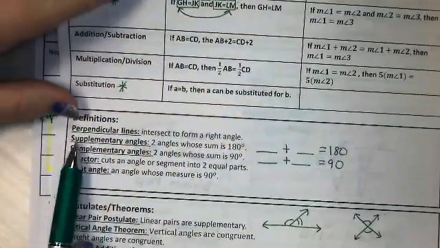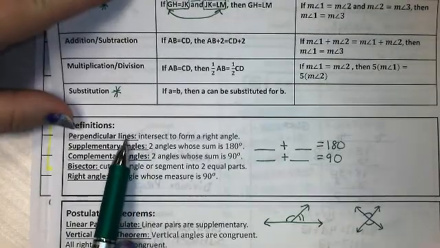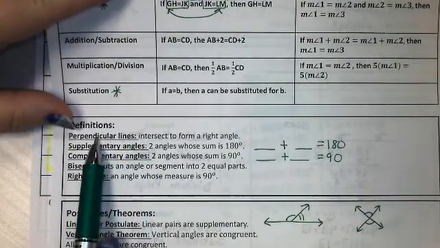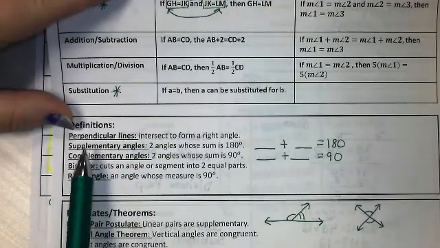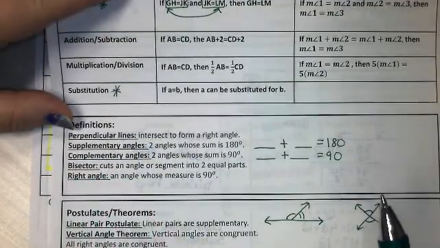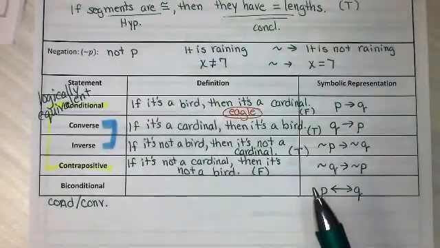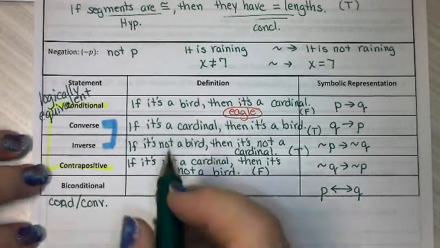So let's take perpendicular lines. If I were to say, if lines are perpendicular, then they intersect to form a right angle. Let's flip it around. If lines intersect to form a right angle, then they're perpendicular. Well, those are both true. So I can write that as a biconditional statement. And here's what it looks like.